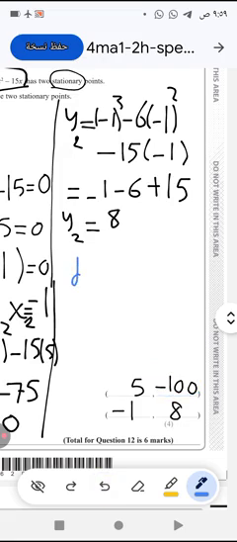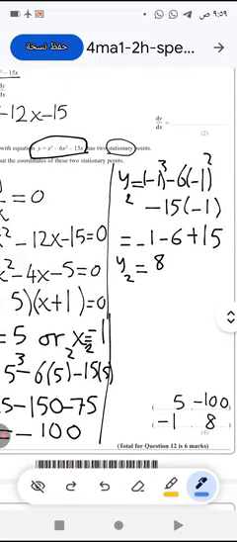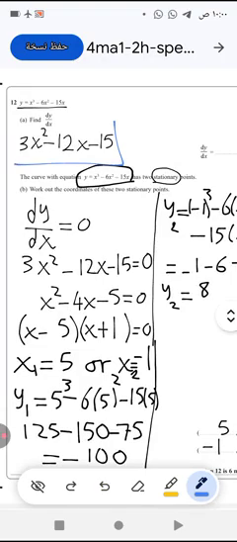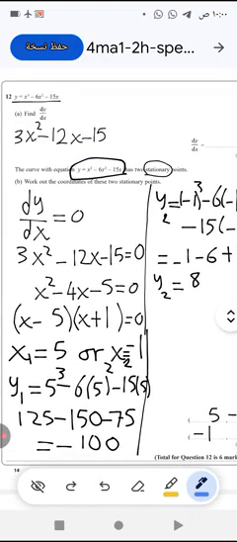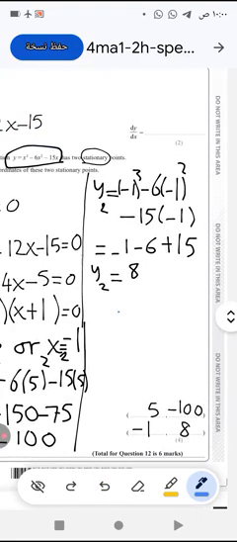Sometimes we can find the second derivative, the derivative of this function again. We get 6x minus 12. And the derivative of a constant equals 0. Okay, we get 6x minus 12.